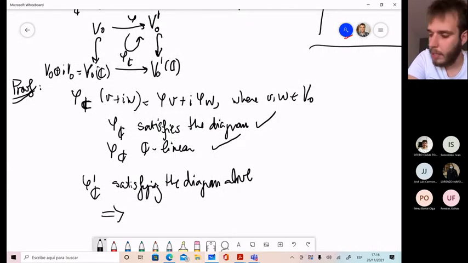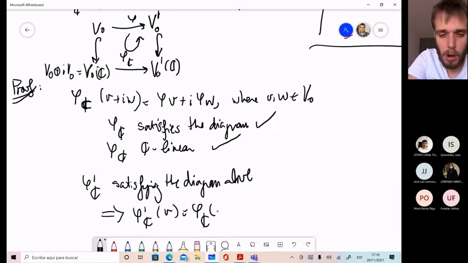well, this means that phi prime C of v is equal to phi C of v for every v in V naught.